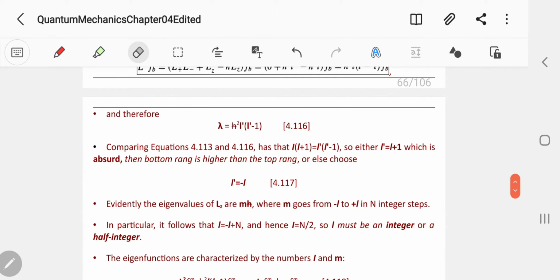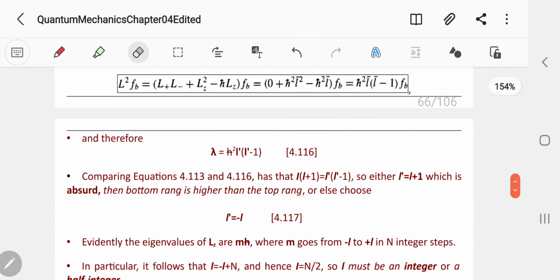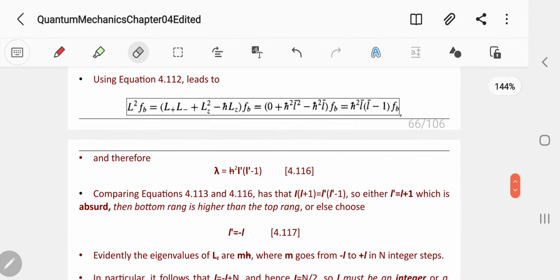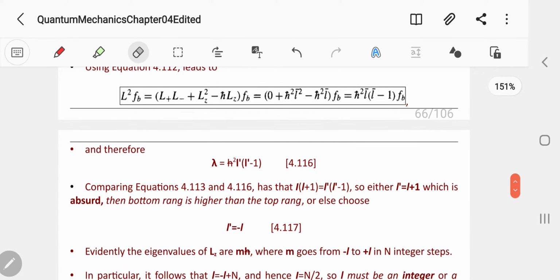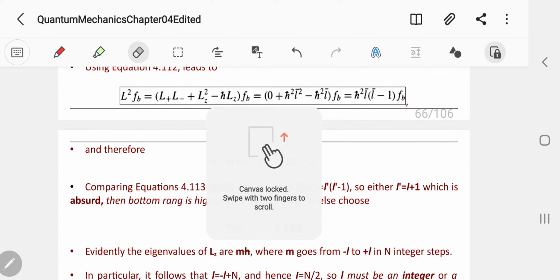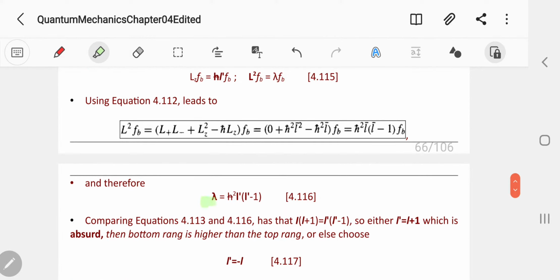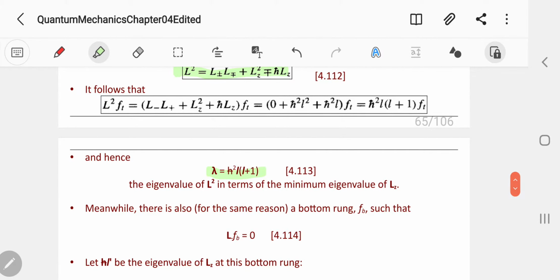So comparing the equations for 113 and for 116, if you compare this one here and this one, what can you say about L and L prime?